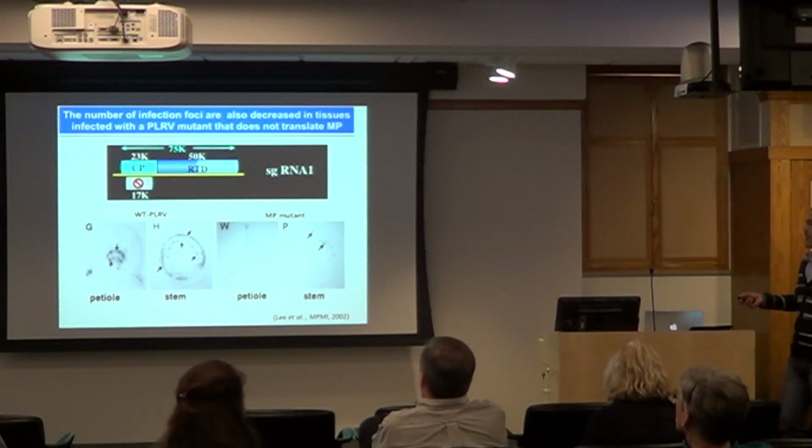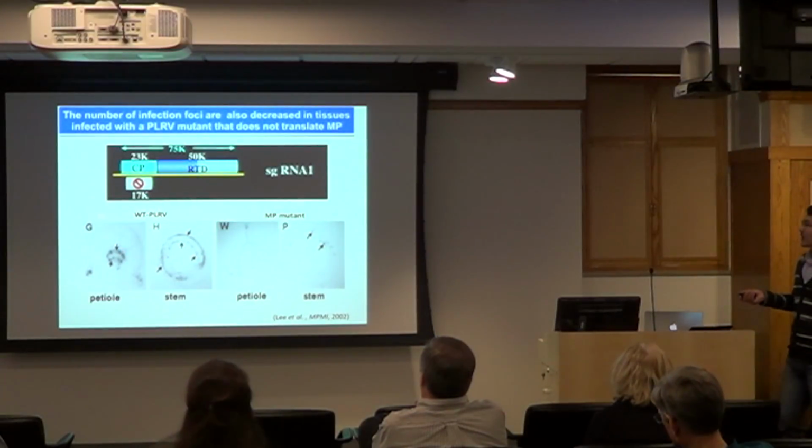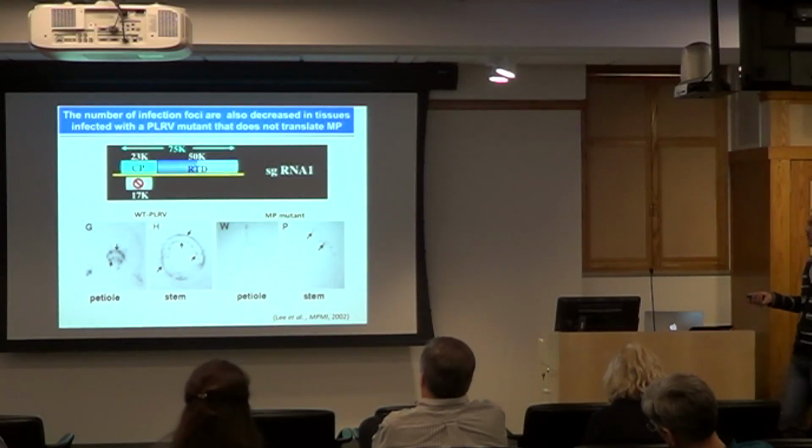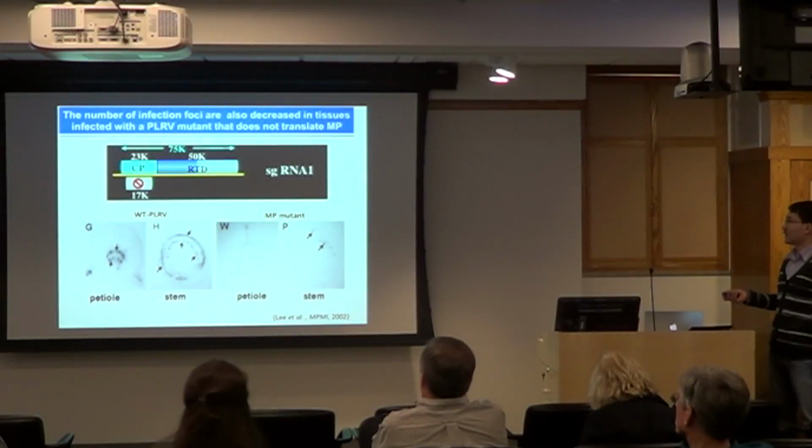The MP protein is the movement protein of this virus, and our colleagues found that the number of infection foci is also decreased in tissue infected with the virus mutant that doesn't translate MP.